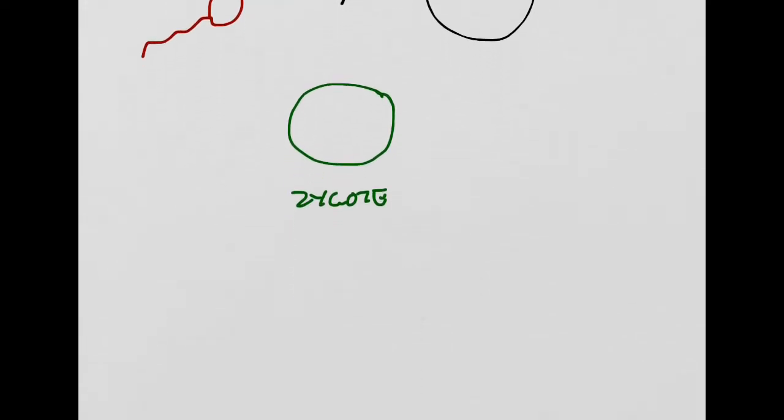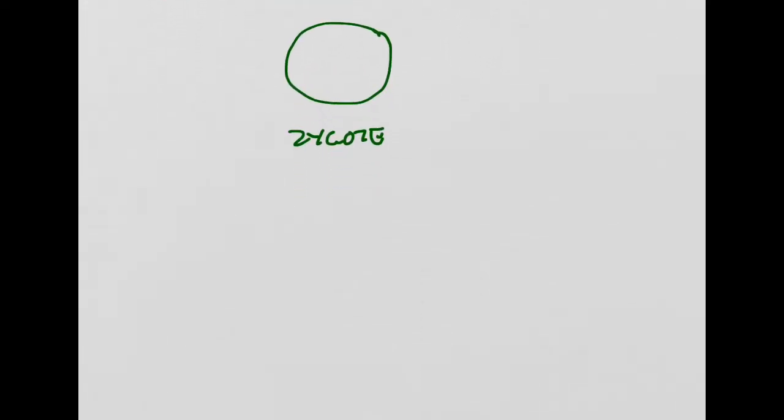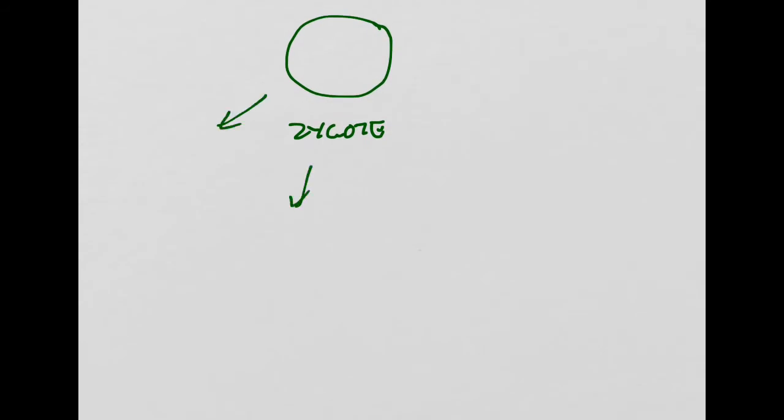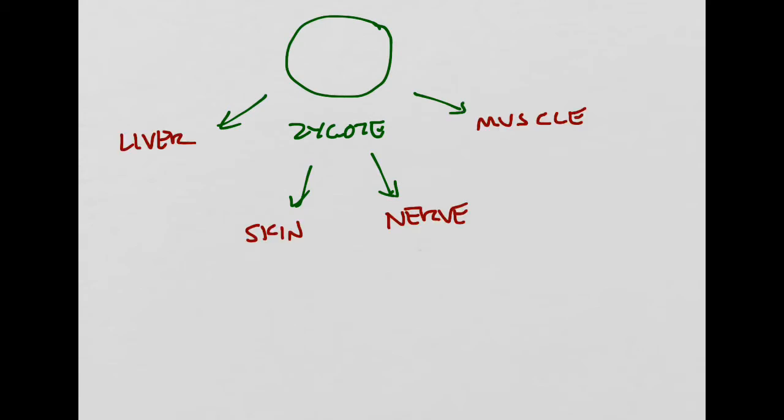So the question you might have is, if you have this cell that exists in the zygote, how on earth does it actually specialize to become the different types of cells that you have in your body? What's interesting here is that, and we've talked about this before, despite the fact that a liver cell and a skin cell and a nerve cell and a muscle cell do very different things, they all have the same instructions.